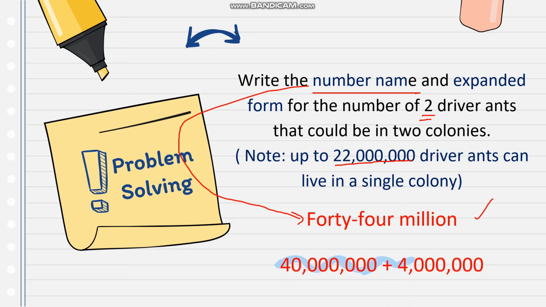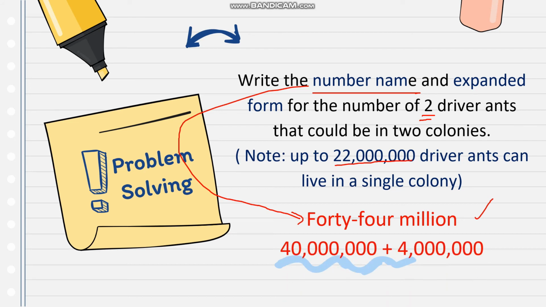So the answer is 40 million plus 4 million. Because 44 million, most of the digits are zeros, and in expanded form we are not going to include zeros, so only the first 4 and the second 4. The first 4 is in the 10 million place, that's why it is multiplied by 10 million, and that is 40 million.